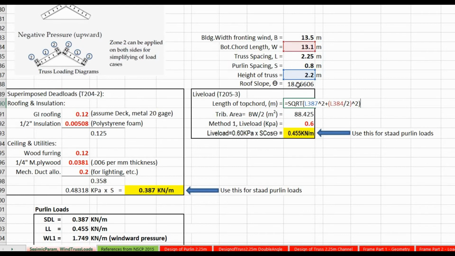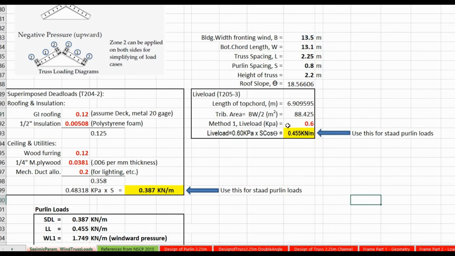Okay? So, that is the length of the top cord. Isang side lang. Okay, next, ang tributary area naman, that is equal to B times W all over 2.